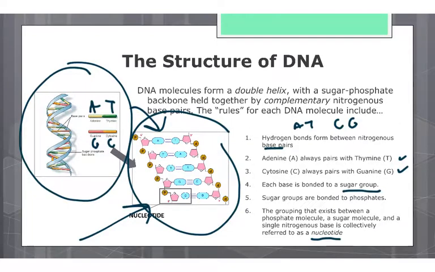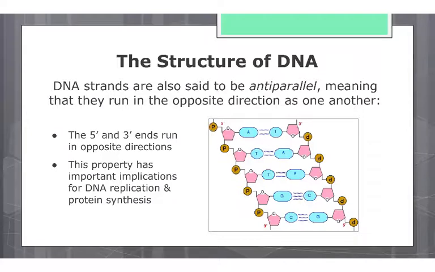Okay, so DNA strands are also said to be anti-parallel, meaning they run in the opposite direction of each other. So the first point here, 5' and 3' ends run in opposite directions. If we look over here, I have a 5' on the left and I have a 3' here.